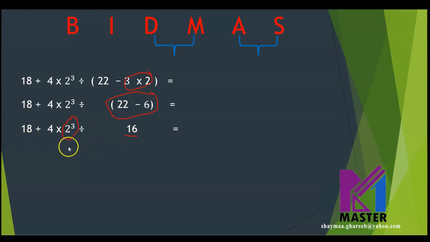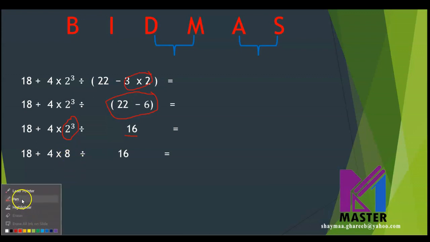So I will rewrite the sentence from the beginning and I will only write the answer of the indices, which is 8, as you can see here. So now let's move to the next step.